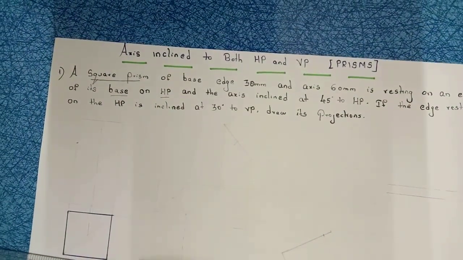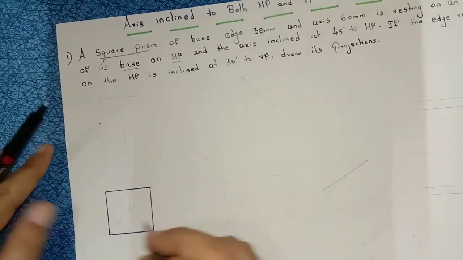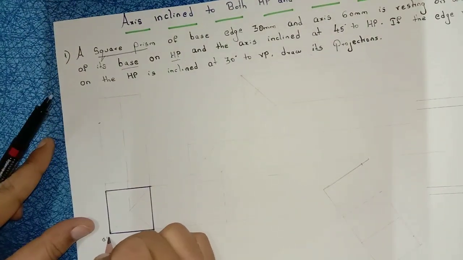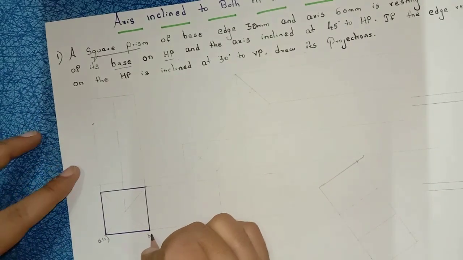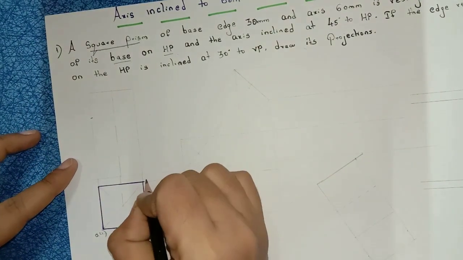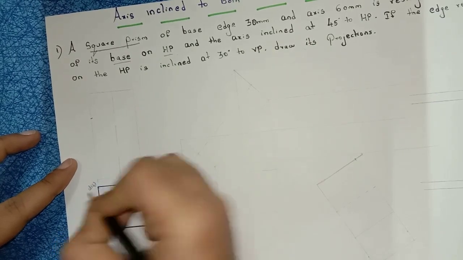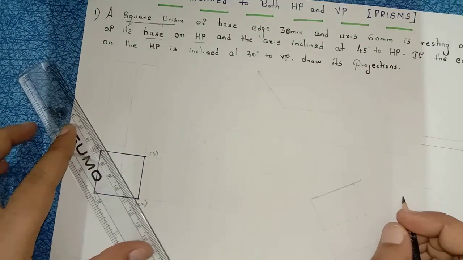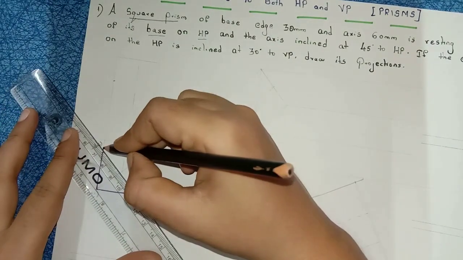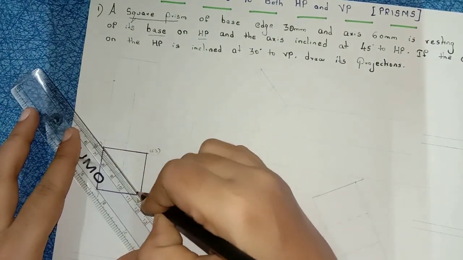Right, now name this square as A of 1, B of 2, C of 3, D of 4. Now after constructing the square, mark the midpoint for this square.